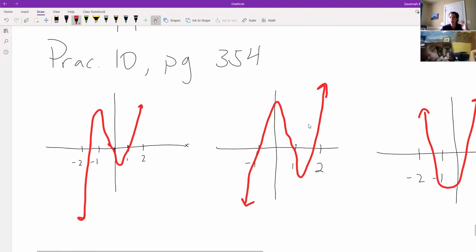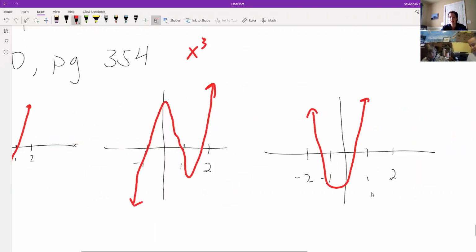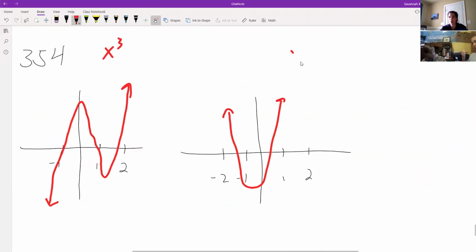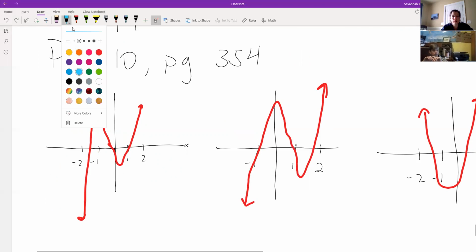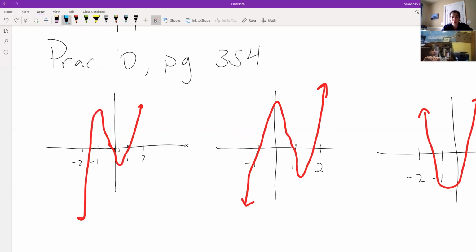We talked a long time ago about how the lead term of one of these graphs that squiggles up and down would be like an x cubed. The lead term of a graph that makes a U shape would be x squared. That doesn't really come into play here. It's still there in the background. What does come into play is I want to notice where these things cross the x-axis.